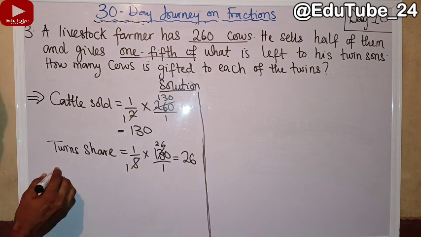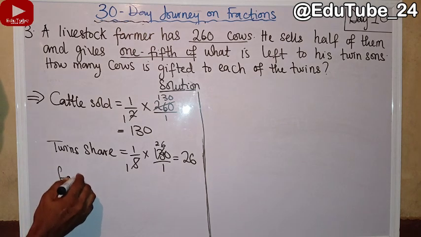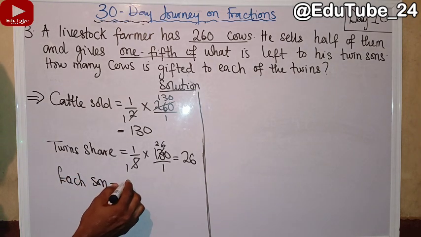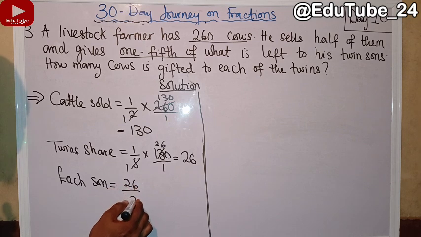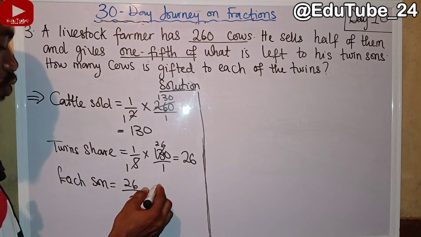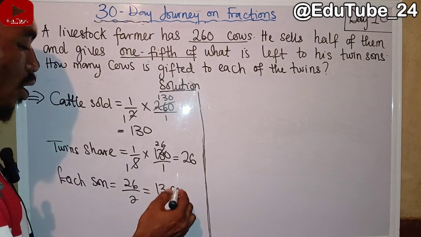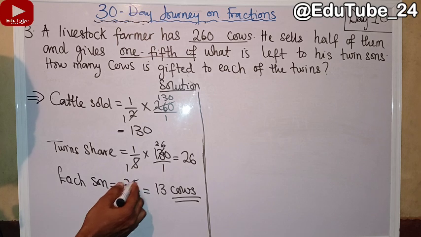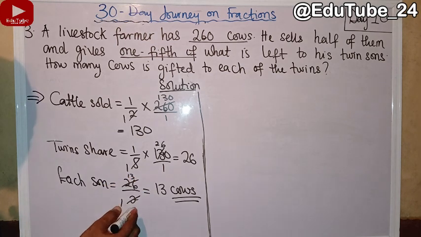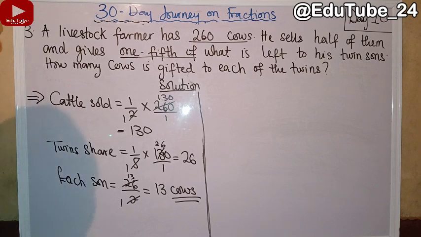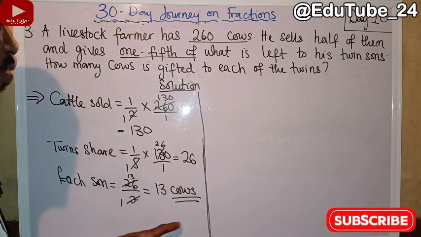So I'm going to write each twin or each son. Each son is going to have 26 divided by 2, and then that means each of the twins is going to have 13 cows. Because 2 in 2 is 1 and 2 in 6 is 3. So each of the twins is going to have 13 cows.